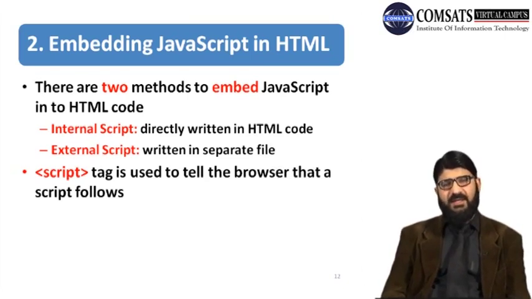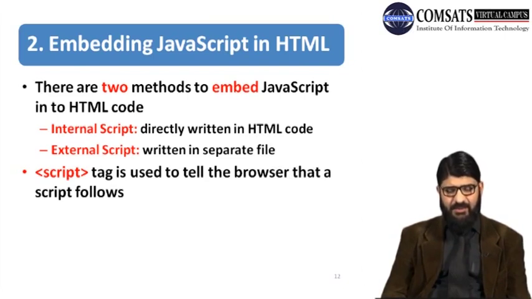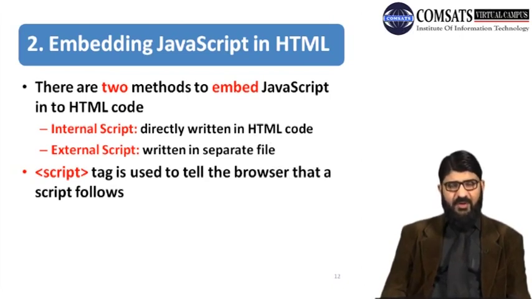Similarly, for internal JavaScript, we can write the JavaScript code in the HTML code. Moving onward, the second category is external script. External script is basically a separate JavaScript file written separately, and then that JavaScript file is called inside the HTML page.